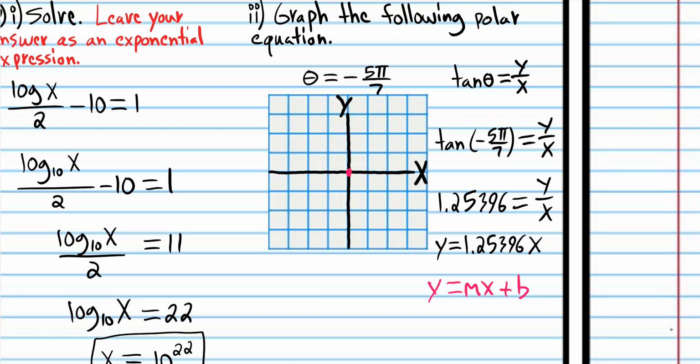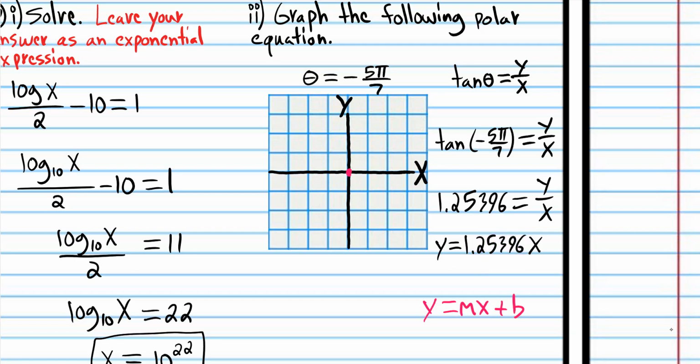The reason we're moving over 1 is because you can consider the rise to be 1. Look at this purple slope here. You see that? We can write that number over 1. So the rise is 1.25396 and the run is 1.